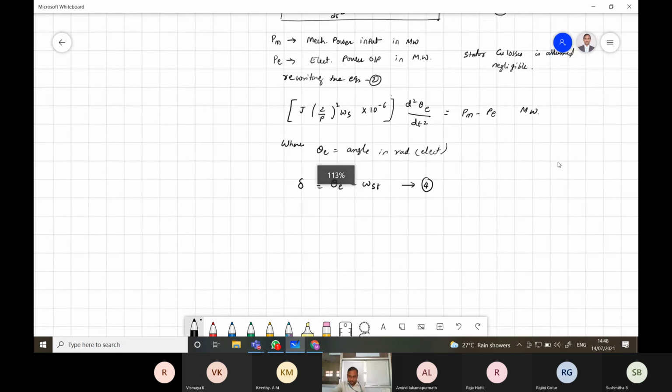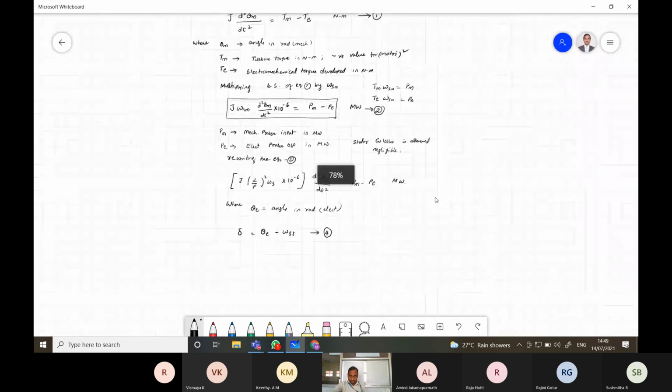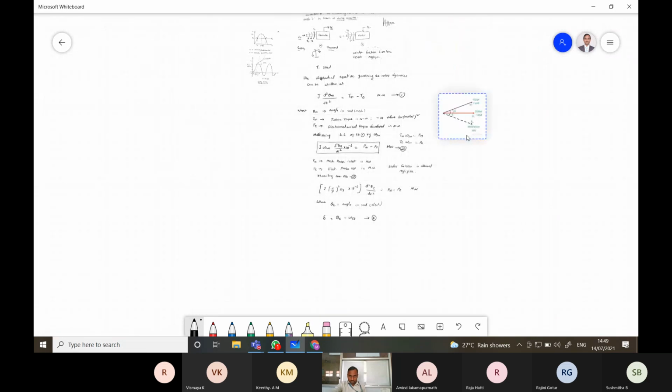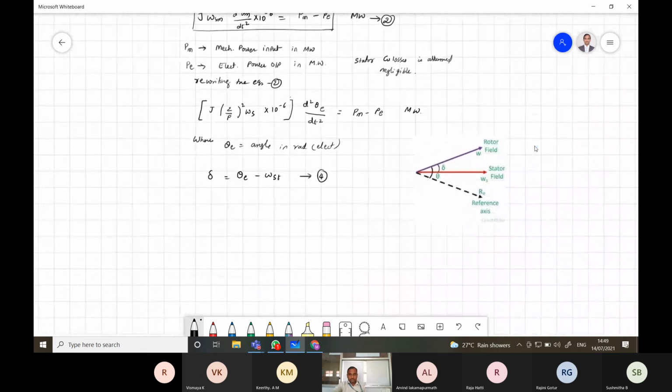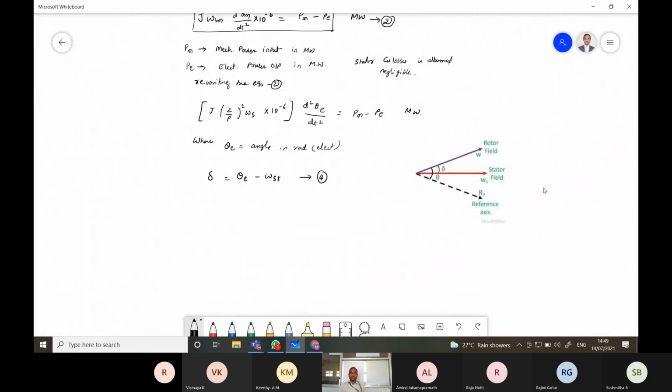So this is shown by means of this diagram. There is a reference axis, a rotor field and a stator field. This is theta e and this is called delta. Theta e total minus omega s t gives the delta.